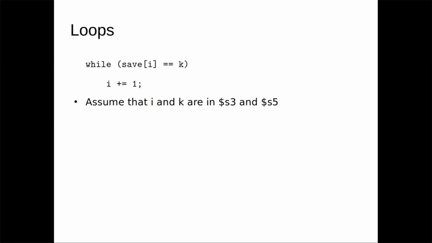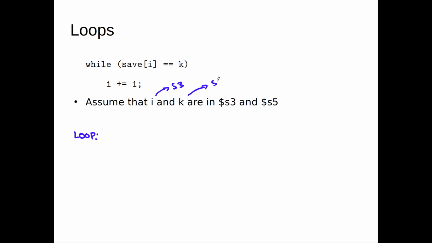But anyway, what will the assembler write? We want to start with a label like loop. That way we can always jump back to it in the while. Correct. That's a good idea. So I is S3.